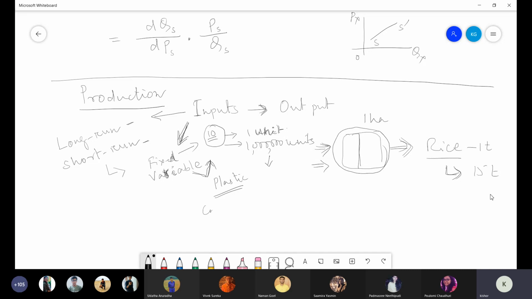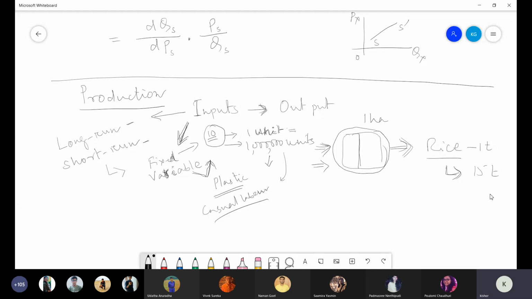Like your casual labor. Casual labor means daily wage labor. If I produce only 1 unit, the requirement of labor will be very less. If I produce 1 million units, casual labor will be very high. So depending upon the level of output, these are the inputs whose quantity may vary.